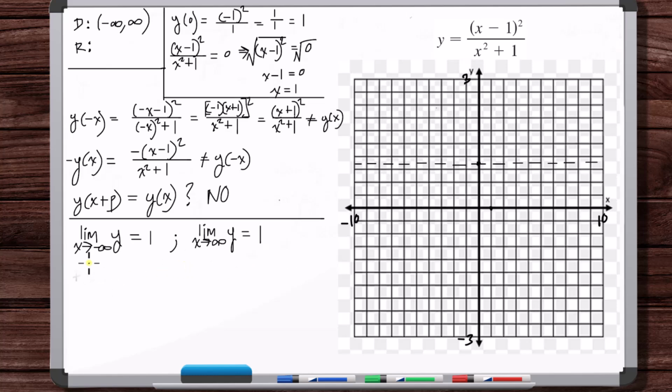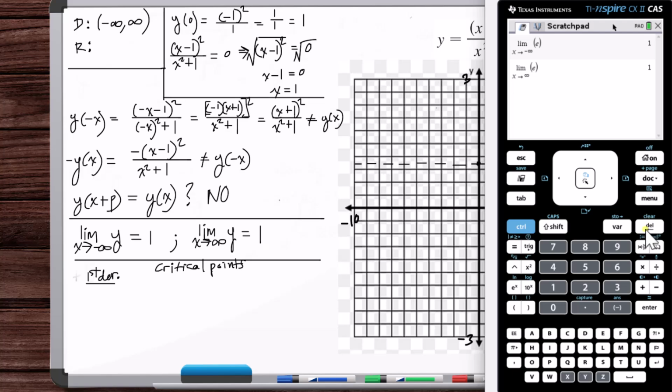Next, let's get the critical points, both with respect to the first and second derivative. So for the first derivative, we want to say, what is the derivative with respect to x? Is there anywhere where this doesn't exist?